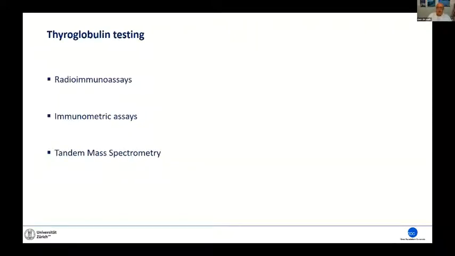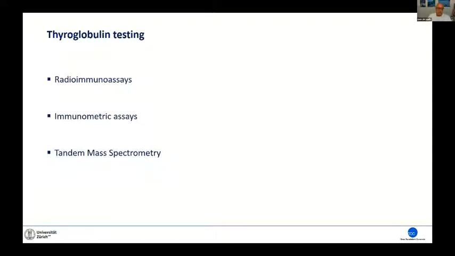First of all, there are different methods for measuring thyroglobulin in the bloodstream. The first ones were radioimmunoassays. These were the first assays used to measure thyroglobulin, based on an immunological reaction with a competitive architecture.